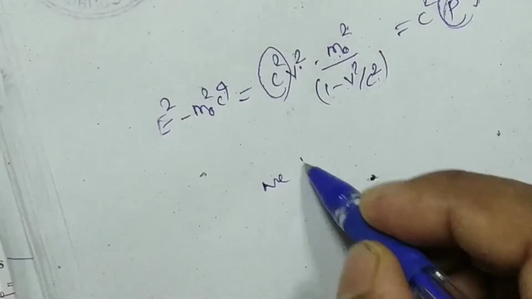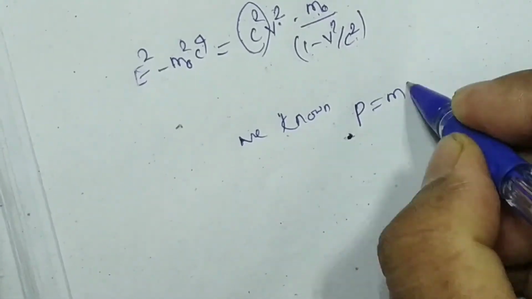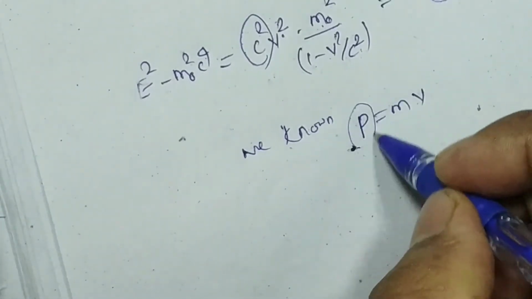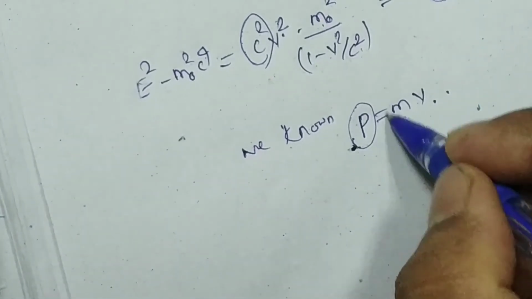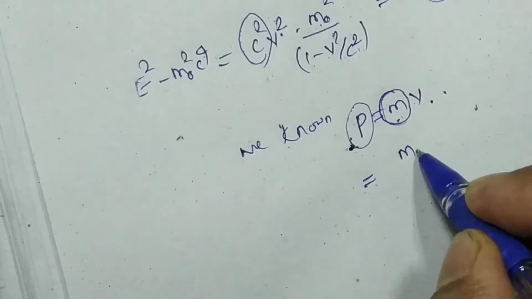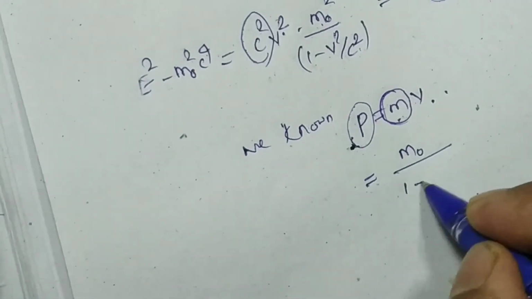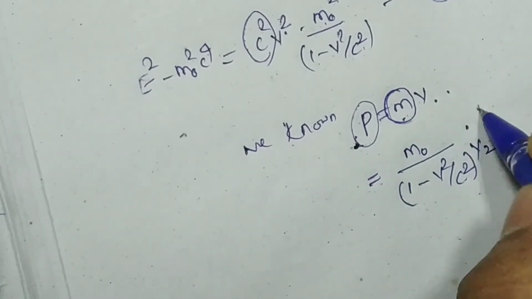We know that P equals m into v, momentum. This P means momentum equal to m into v. So m, the relativistic mass, is nothing but m0 by 1 minus v square by c square to the power 1 by 2, into v.